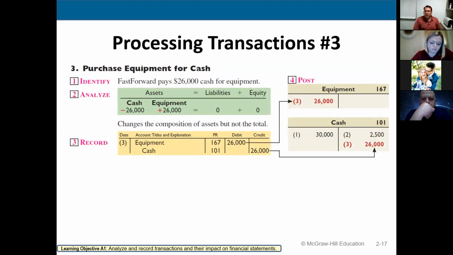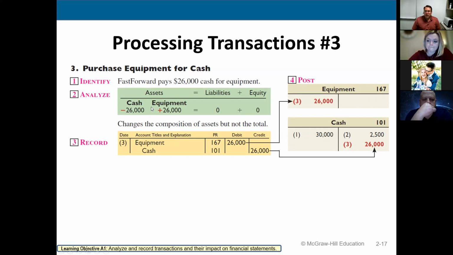Here they purchase equipment for cash. Again, cash and equipment, both assets. So as one asset goes up, another asset goes down. Equipment's going to increase, so that'll be a debit. Cash will decrease, that'll be a credit. You'll find out real quick as you do more and more of these that there's only a few things that can happen.